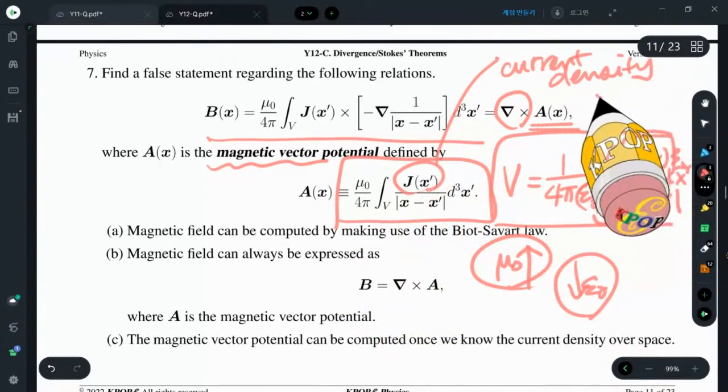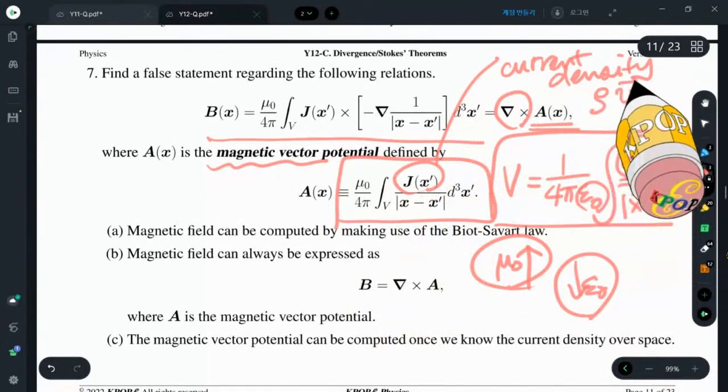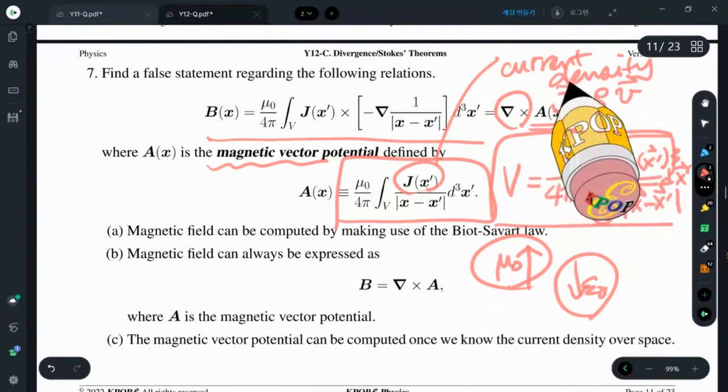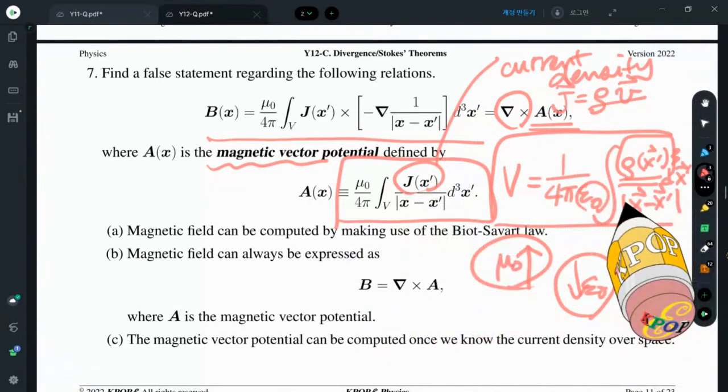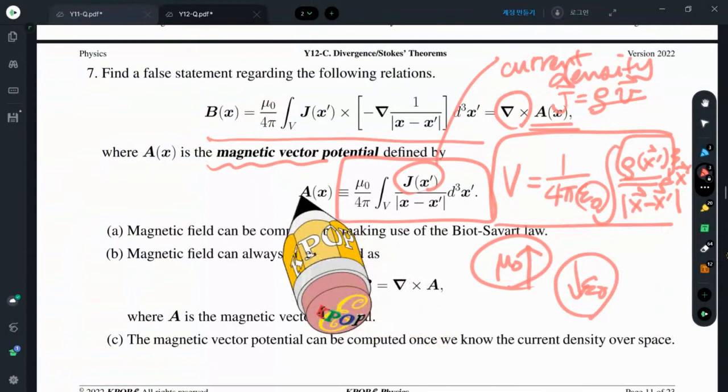What is the current density? Rho times V is the current density. So it is very, very similar. By the time they constructed this kind of theory, they didn't know that this scalar and this vector have a close relationship.